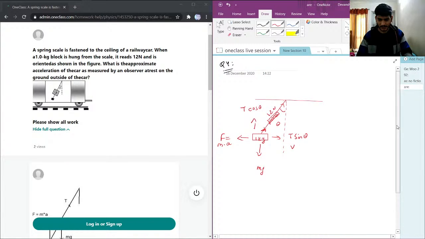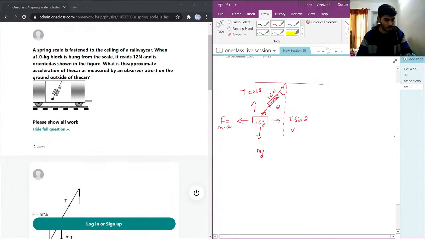Now I can just resolve these vectors. What we need to find is the acceleration, so a is equal to T sin theta, but we don't know this theta, so I'll use the vertical one first. T cosine theta is mg.